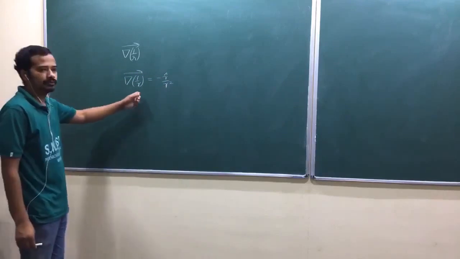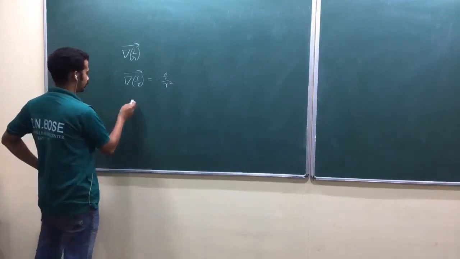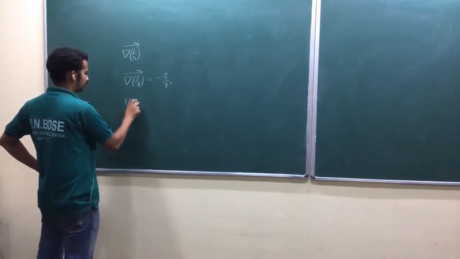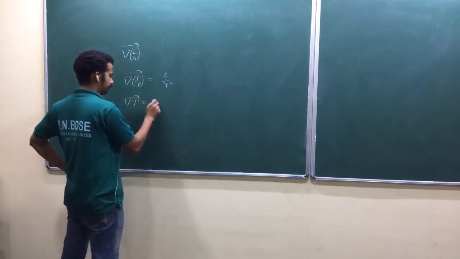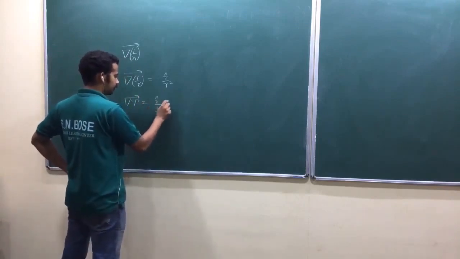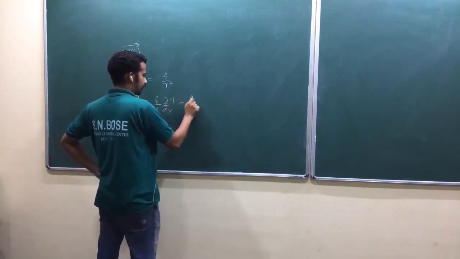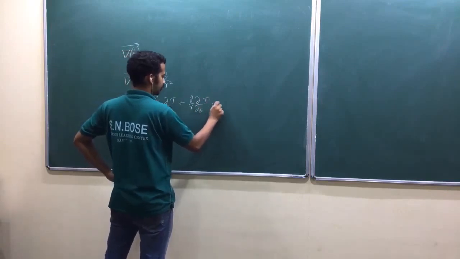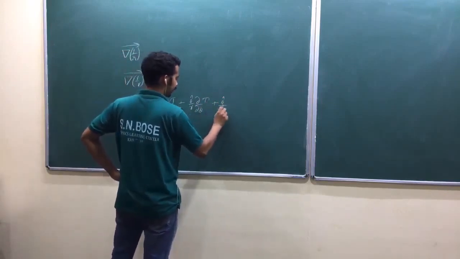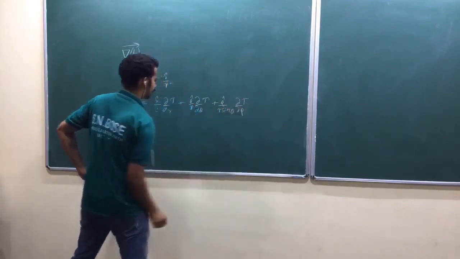So this one you have to go for your polar coordinate, am I right? What is this gradient? Gradient of a scalar in spherical polar coordinate is r cap ∂/∂r of t plus theta cap by r ∂/∂theta of t plus phi cap by r sin theta ∂/∂phi of t, isn't it?